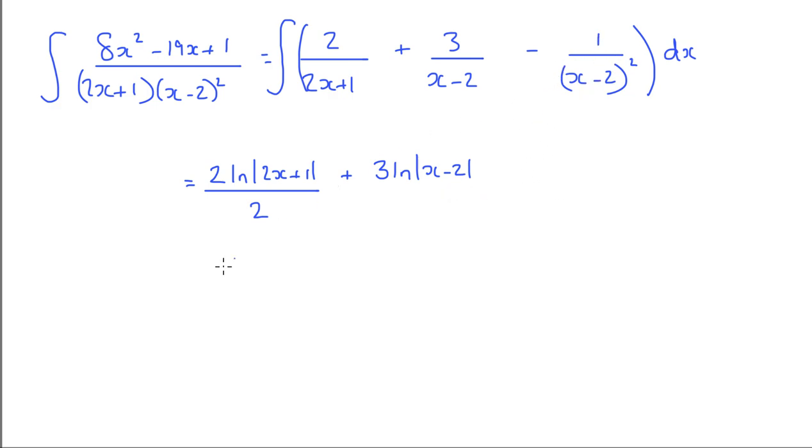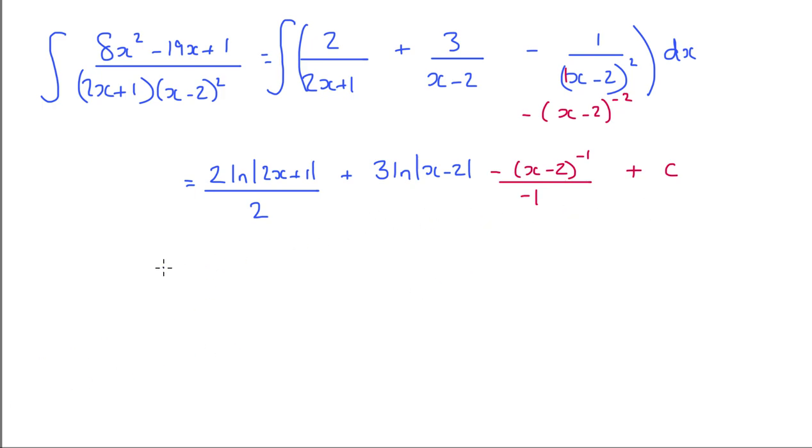And I need to turn this into a negative power so that I can apply my power rule, which is add 1 to the power, divide by the new power, and divide by the coefficient of x, but that's a 1, so I don't need to deal with that. Don't forget your plus c.